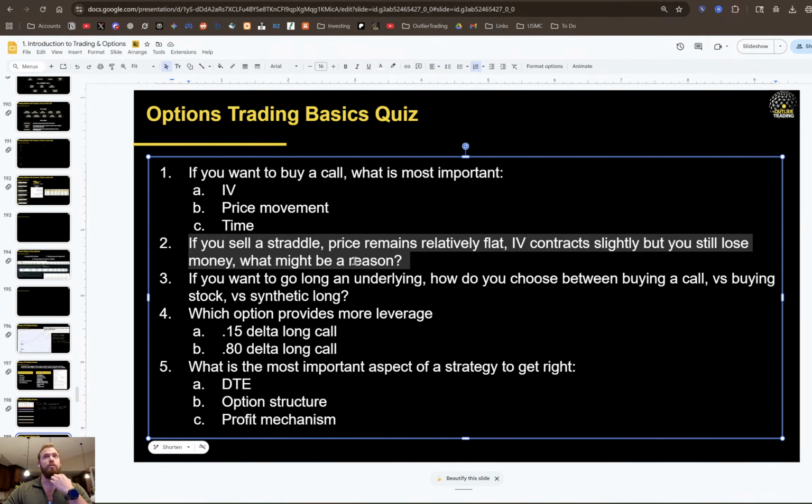For example, you can have some sort of probability of profit metric that you're looking for, right? Let's say that you want a 70% probability of profit and you sell that option at a 70% probability of profit. I would argue in the context of a covered call that's actually also optimizing for the wrong thing.